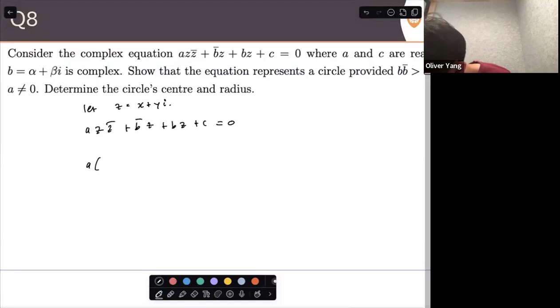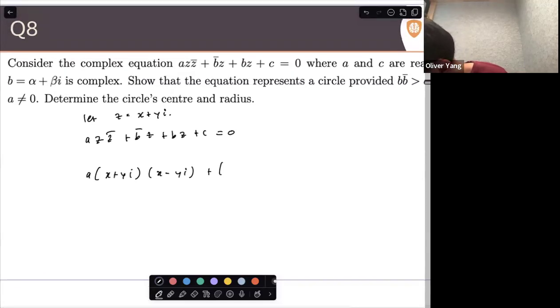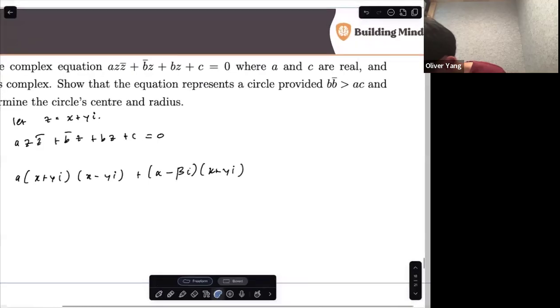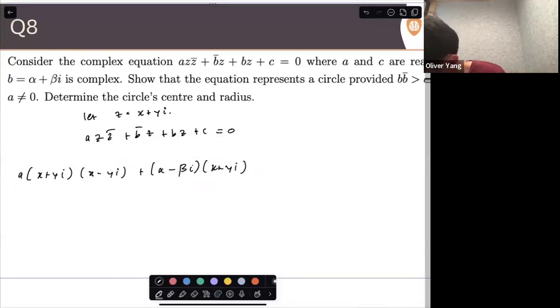So we get a(x plus yi)(x minus yi), plus, with alpha minus beta i because this is the conjugate, times (x plus yi), plus b, which is just alpha plus beta i, and then times (x plus yi) plus c equals 0.